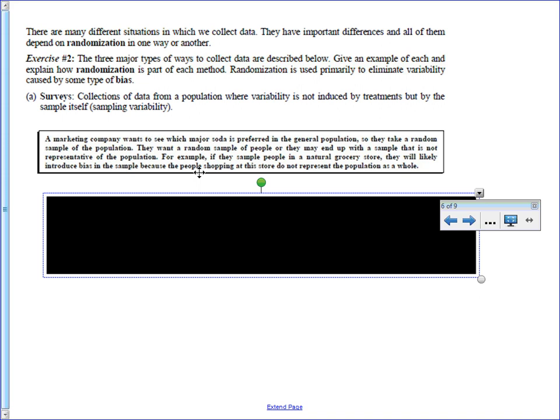So if you are trying to get a sample of people to see who drinks soda or not, and you go to people standing in line at a soda machine, that's not a good random sampling because those people are obviously waiting in line to buy soda. So you want it to be totally impartial to what the survey is about. So the people that you pick should be totally random.